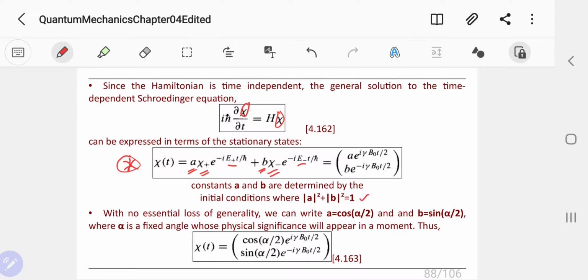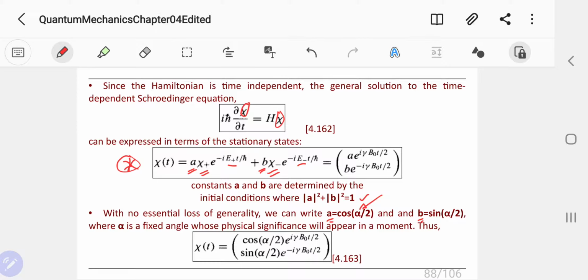So we can say that a could be equal to cosine alpha over 2, and b is equal to sine alpha over 2, since when you add the squares of them, it just results in 1. Later we will know the significance of the alpha.